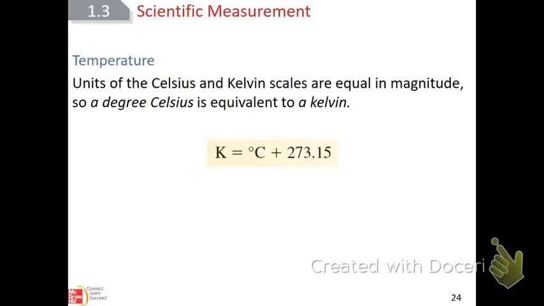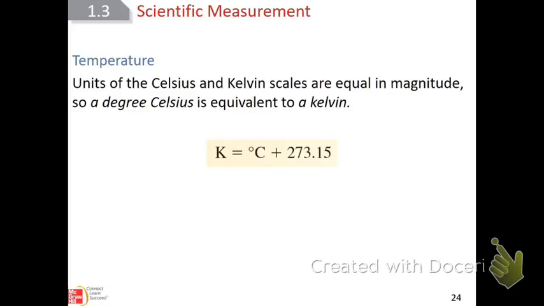That's the freezing point of water on his scale. For boiling point of water, it's 100 degrees Celsius, so on the Kelvin scale, it would be 373.15. And so forth and so on. So to go from Celsius to Kelvin, you simply add 273.15. And if you want to go from Kelvin back to Celsius, you simply subtract 273.15.